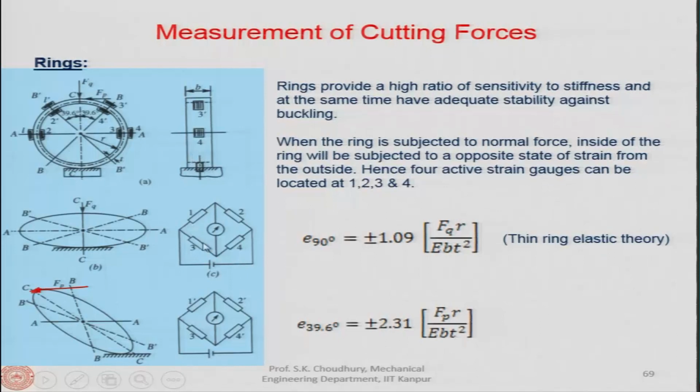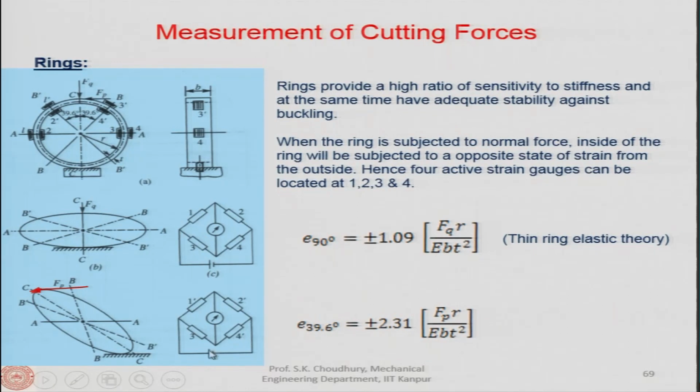So this E90 we can measure from the galvanometer. Put that value here, multiplied by E, B and T square divided by R and 1.09. Then you can find the magnitude of Fq.